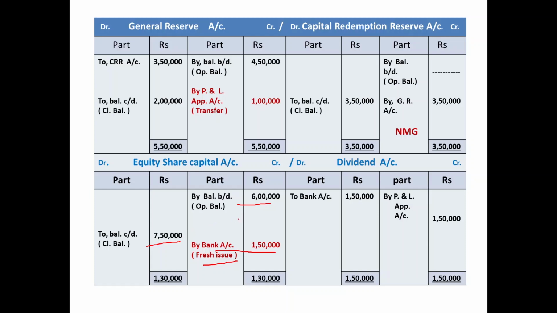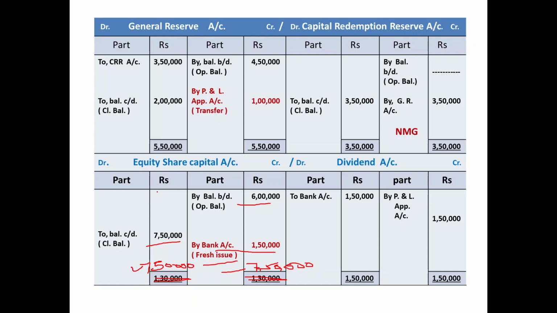So after receiving this money 1 lakh 50,000, total is 7 lakh 50,000. It is not 1 lakh 30,000, but it is 7 lakh 50,000. So fresh issue made in the current year 1 lakh 50,000 and equity share capital account is over, 7 lakh 50,000.